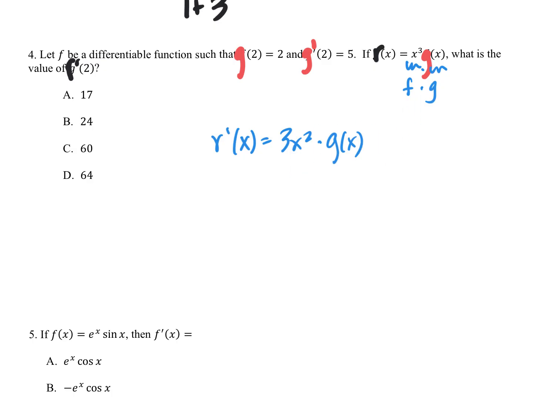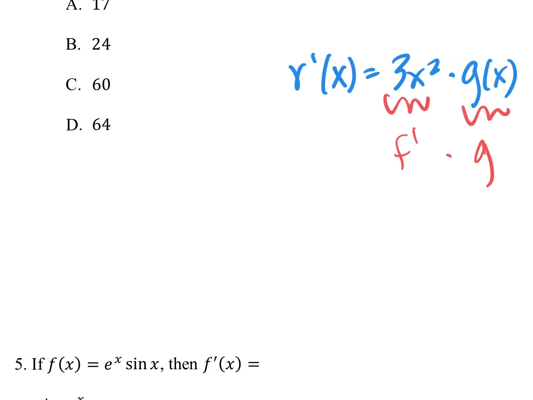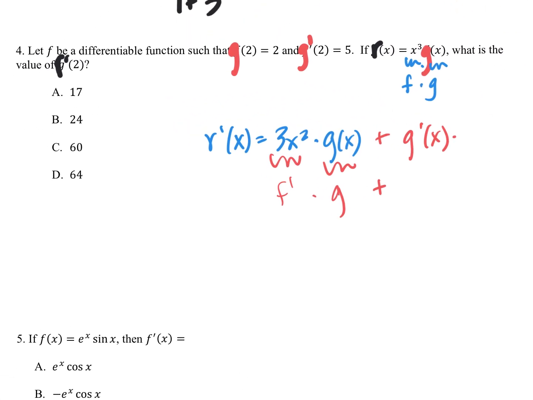F prime times G. And maybe it helps you to be like, that was F prime, that's my G. Plus, what is G prime going to be? G prime, well said, Matney. Times, we're trying to do F prime G plus G prime F. There's my G prime. What's my F? X to the third. Very good.